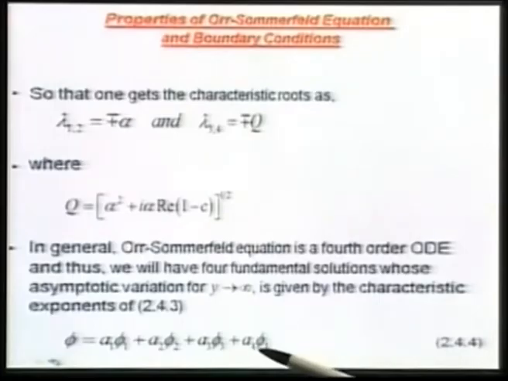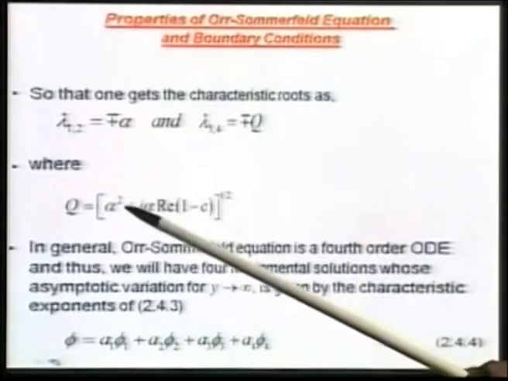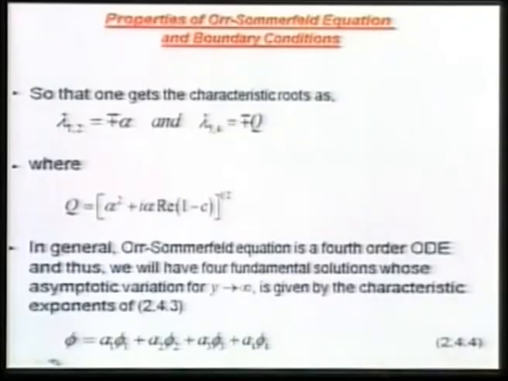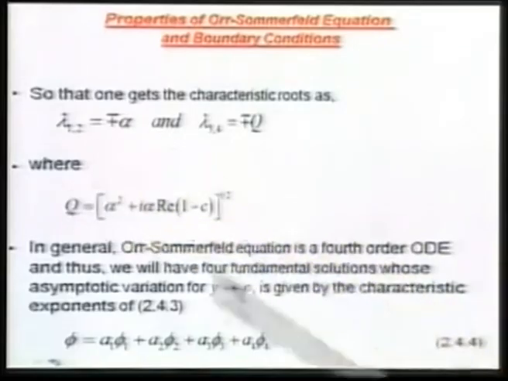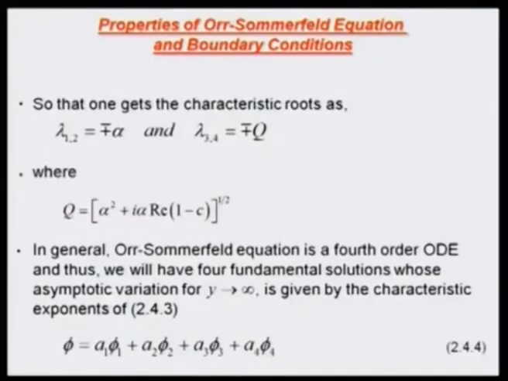Same thing will happen if I do the square root and pick up both the parts, they are there. Then if I take the real part to be positive, then again for the same token A4 phi 4 will blow up when you go to the edge and beyond the edge of the shear layer.